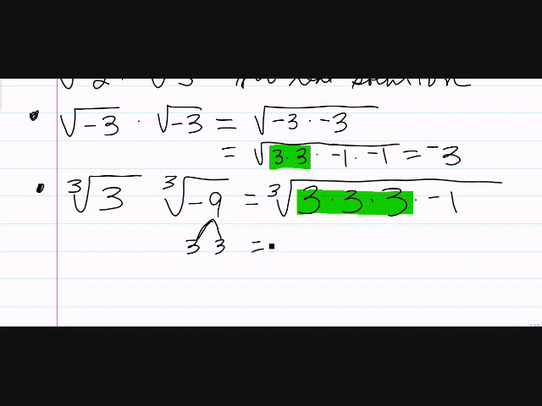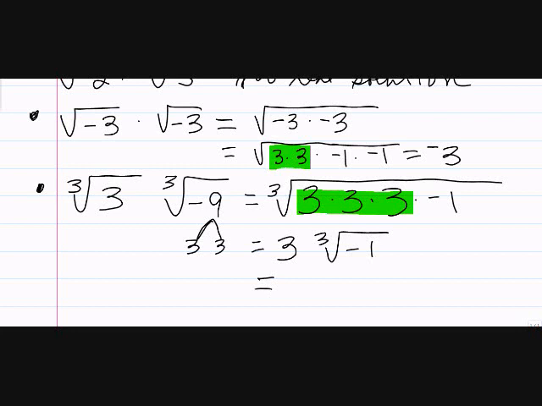Yes. Yeah, if you can just multiply them and get a perfect cube, then you just take the cube root of it. Okay. So this is 3 times the cube root of negative 1.